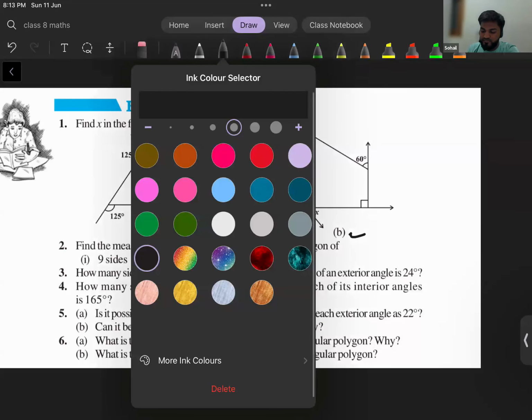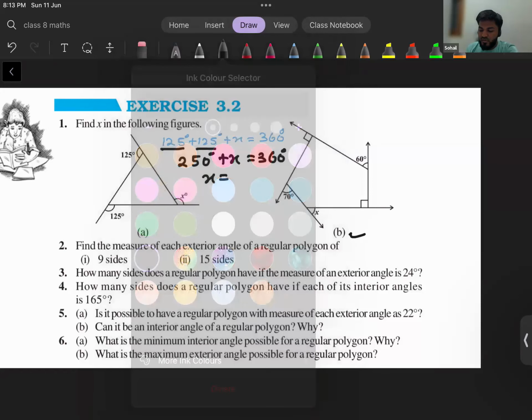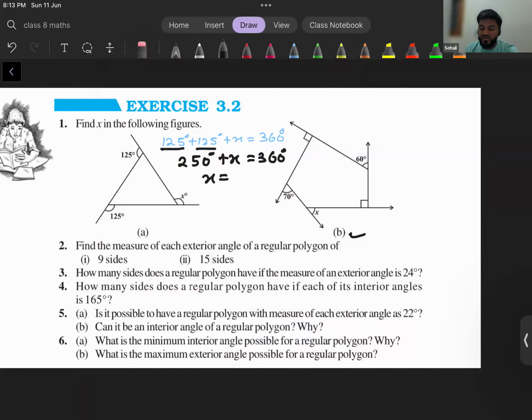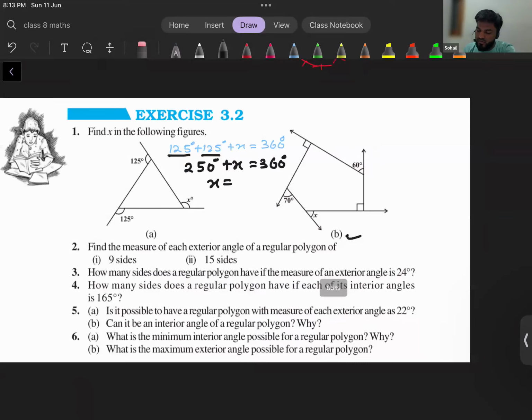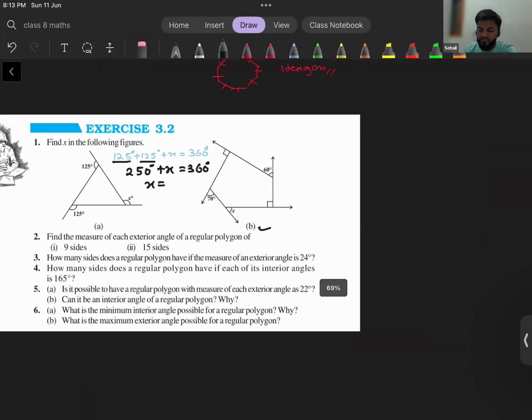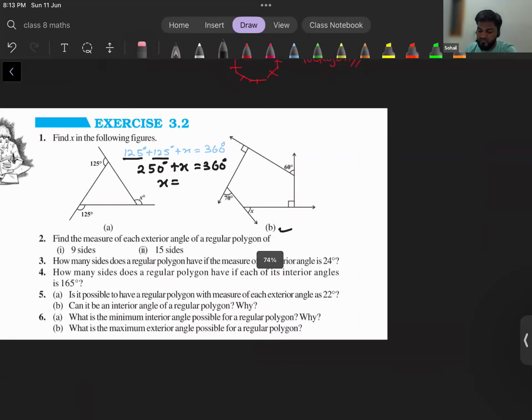Now, the values of the exterior angles are already given here. Sir, x equals 120?